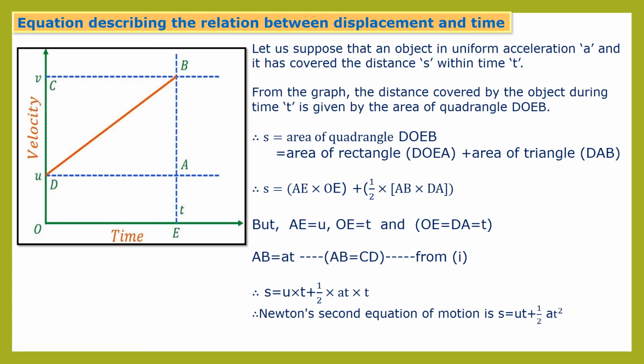Therefore S is equal to U into T plus half into 80 into T. By solving this equation we will get, children, Newton's second equation of motion: S is equal to UT plus half AT square. This is the equation of motion, and it shows the relation between displacement and time.